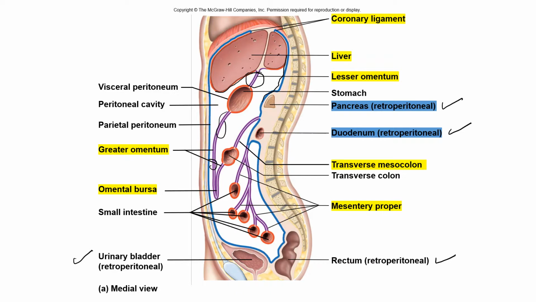You can see that the liver, the stomach, the small and large intestines are part of the organs that are covered by peritoneum. Incidentally, the duodenum is part of the small intestine, as we will see later. So, not all of the small intestine is covered by peritoneum. Most of it is.